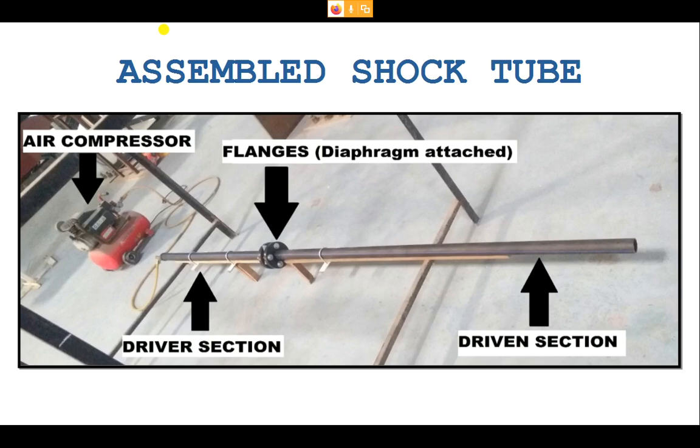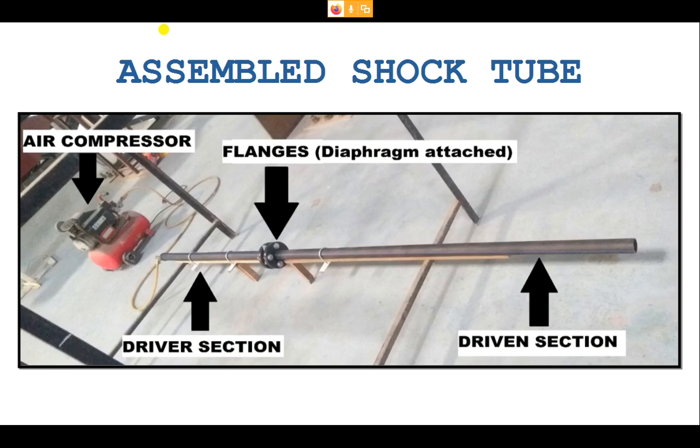So basically we had a metallic framework on which this shock tube is placed and fixed with that frame. And if you see this left extreme side, there is a pipe which is connected to the shock tube, and the pipe is connected to the compressor which can drive the shock tube up to 8 or 9 bar pressure.